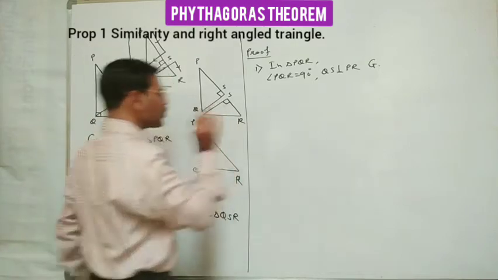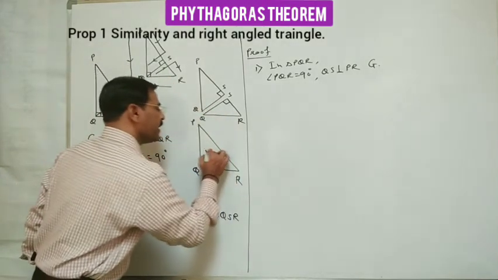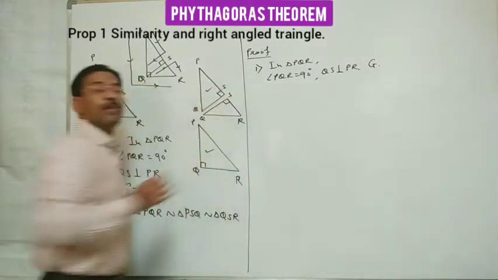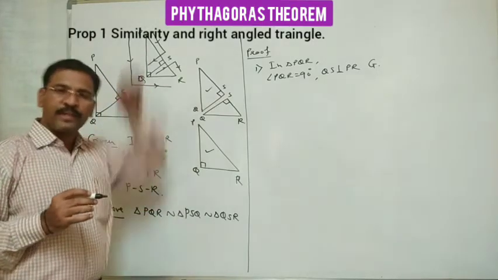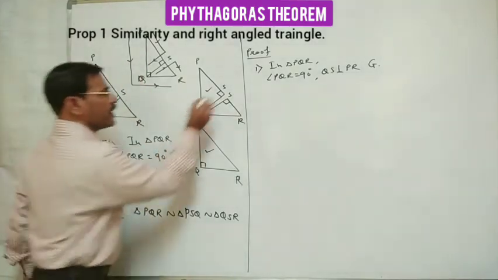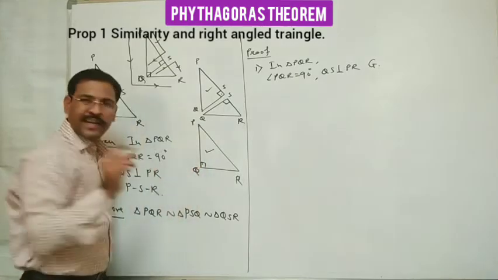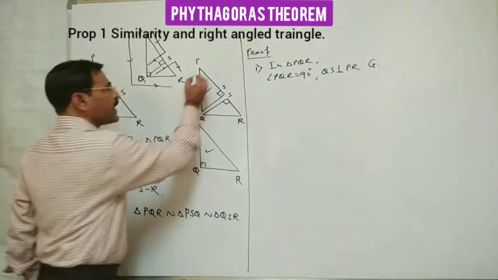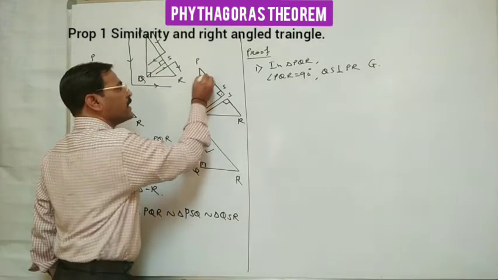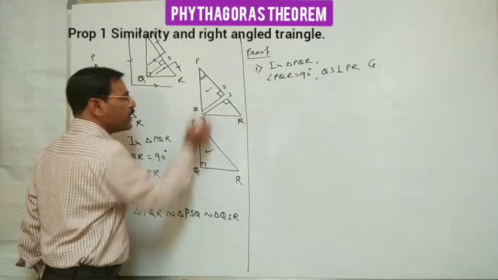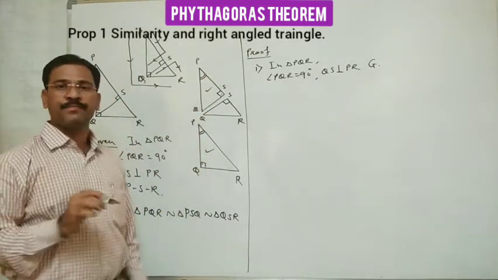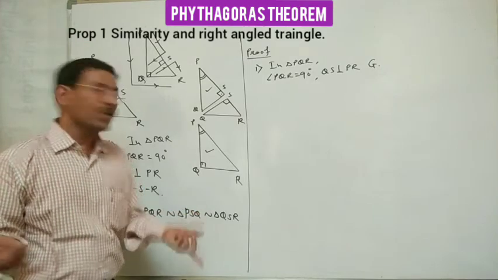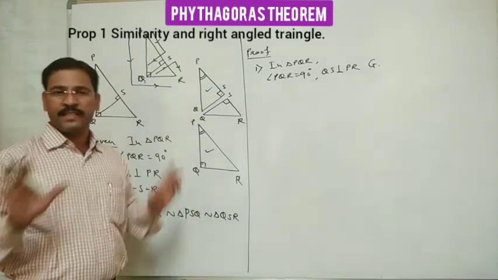So just observe here. I'll take this triangle and that upward triangle. Just try to observe here. This right angle and this right angle are there. At the same time, this is the angle which is common in both the triangles. Means by the AA test, we can prove these two triangles are similar.